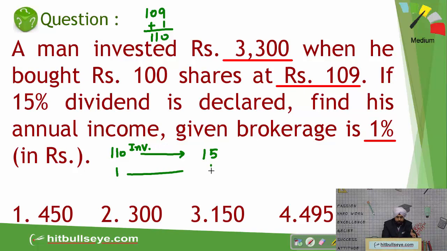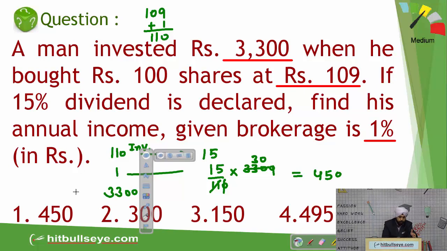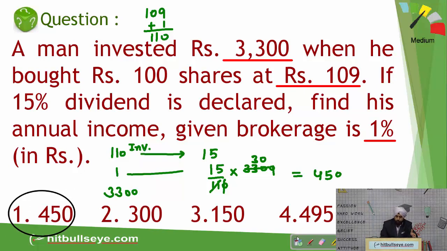If investment is 1, it is 15 by 110. And if your investment is 3300, so your income will come out to be 30 into 15, that is 450. Right students, so first option of 450 will become your answer.